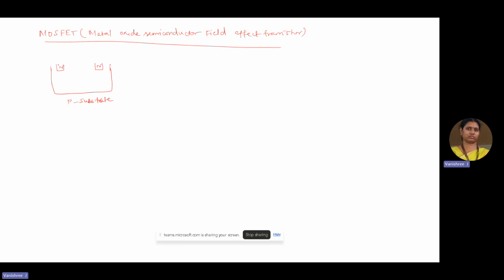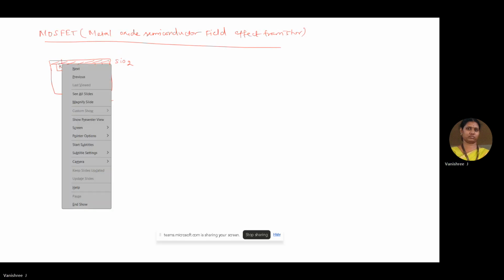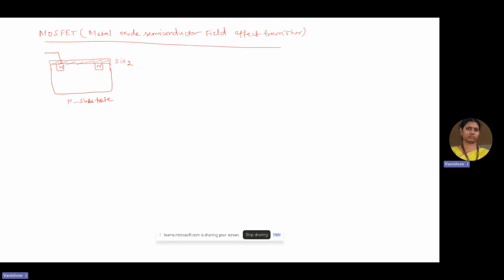So it is immersed on either end of the region, and a silicon dioxide layer is grown throughout the N region. So this is the silicon dioxide layer, SiO2. And now it is cut through this N region so as to form the source and the drain terminal.